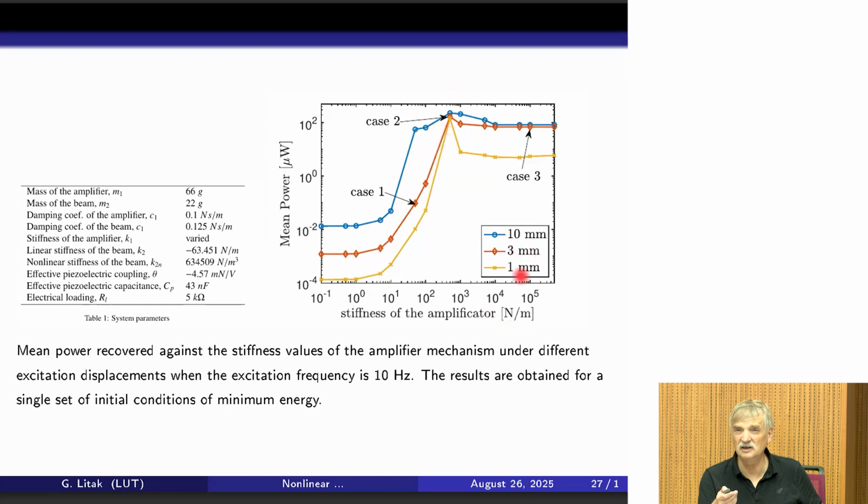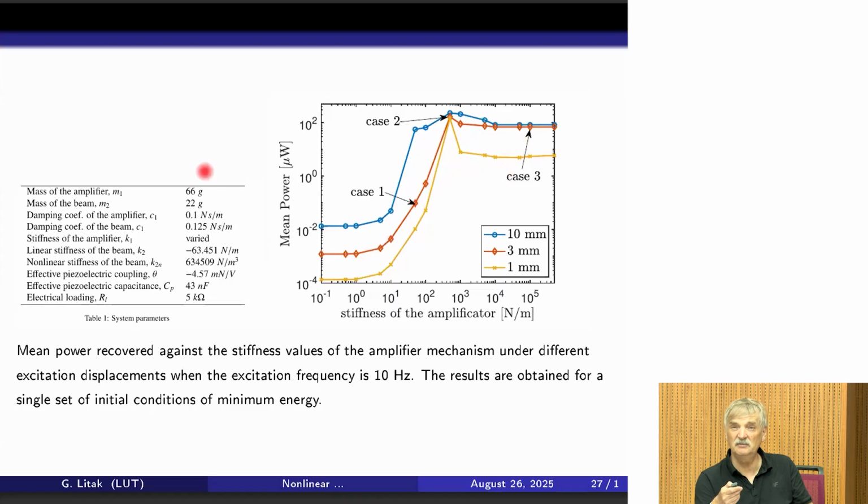Each has different colors. We have different excitation levels and excitation amplitudes. So some cases are just marked here for the red curve, just to show the time series of the response.